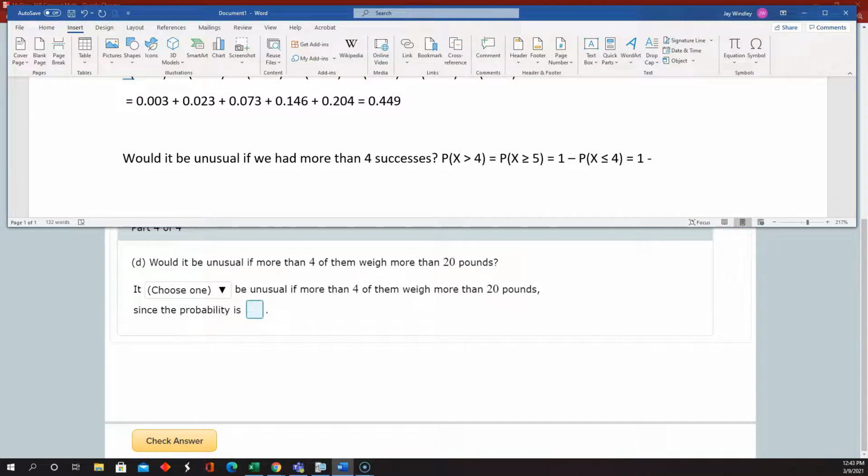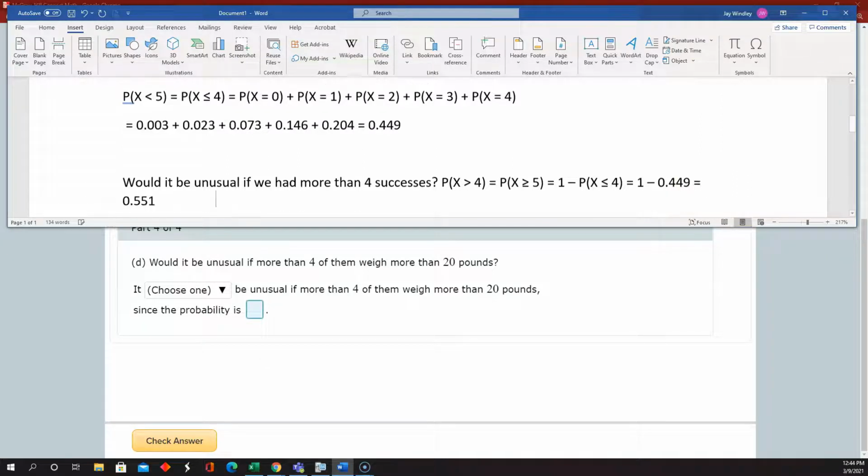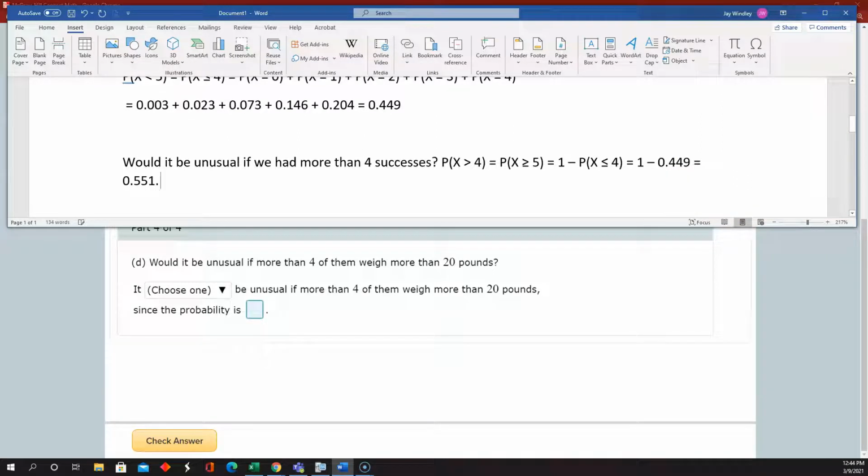And we just figured out the probability of having 4 or fewer successes is 0.449. So 1 minus 0.449 would be 0.551. A probability, then this is really the big thing I wanted to get out in this problem.